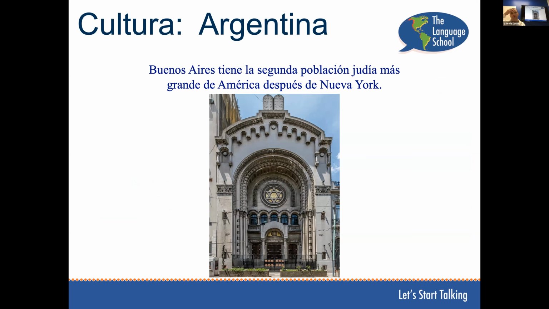Muy bien. So Buenos Aires has the second largest Jewish population outside of New York in the Americas. Right? I like to teach this because I think most people, thinking of Spanish speakers, would assume that they're all Catholic, but there is a little bit of variety throughout the Spanish speaking world.